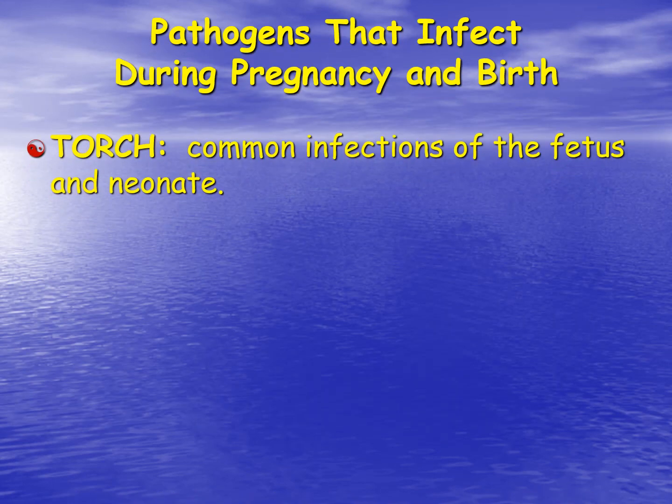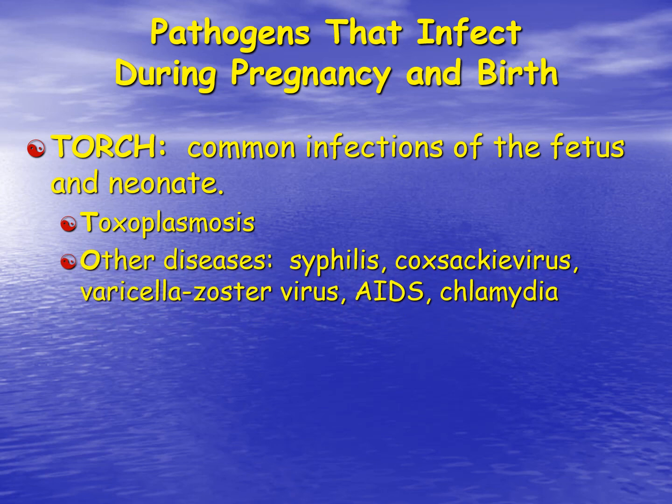Some common infections that can be passed across the placental barrier can be seen in this mnemonic called TORCH. The T stands for toxoplasmosis, caused by the protozoan parasite Toxoplasma gondii.